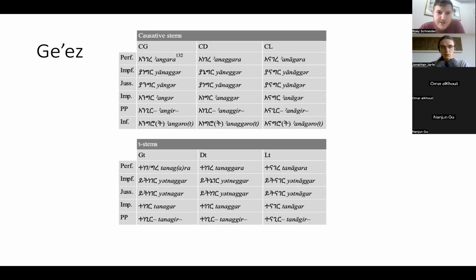And these are the causative stems, exactly the same as we've just seen, except with an prefix. So nothing very interesting about that. And the T stem, exactly the same as what we've seen, but with a T or ta prefix. Okay.